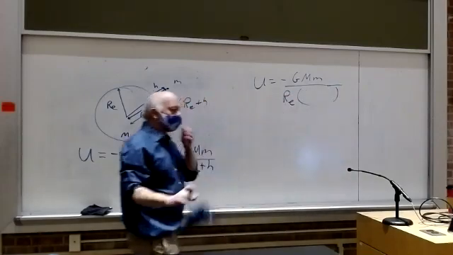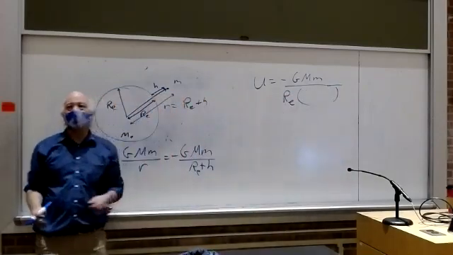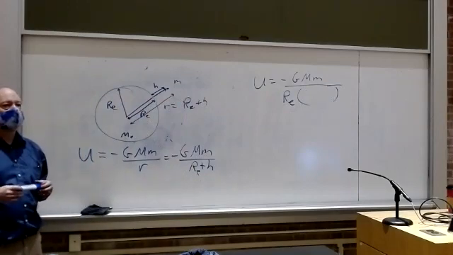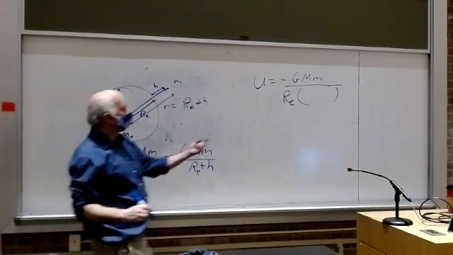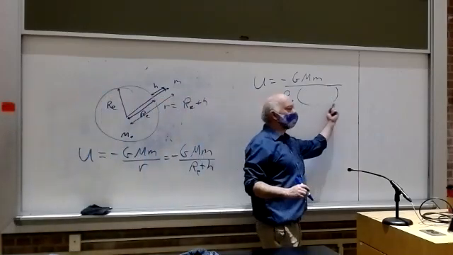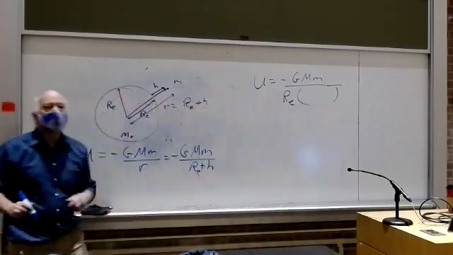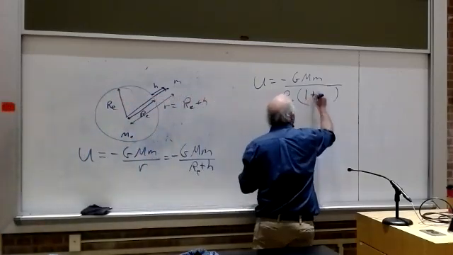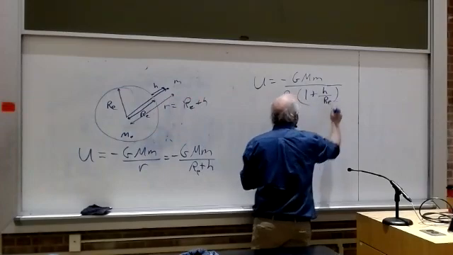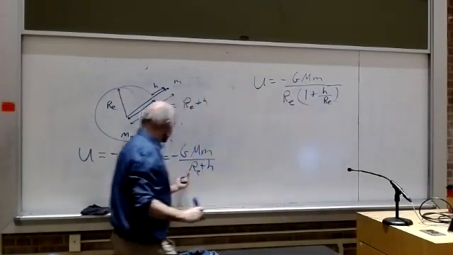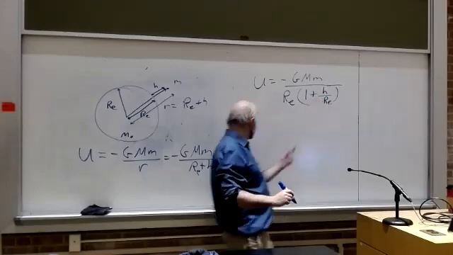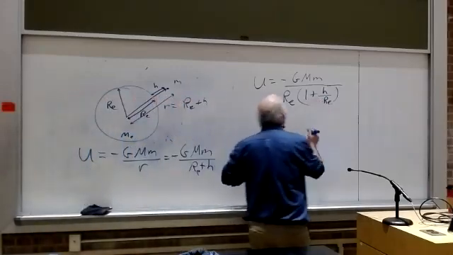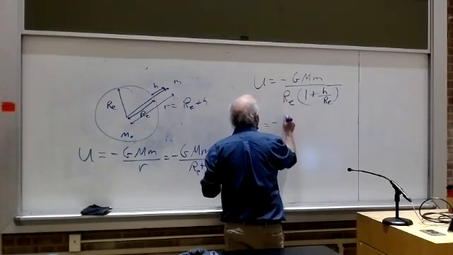If I pull out an r in the bottom, what am I left with? Remember, when I distribute this through, I better get this right here. Yes, this has to be 1 plus h over R_E. This times this is this, and this times this is that. So I'm going to rewrite this as the following.